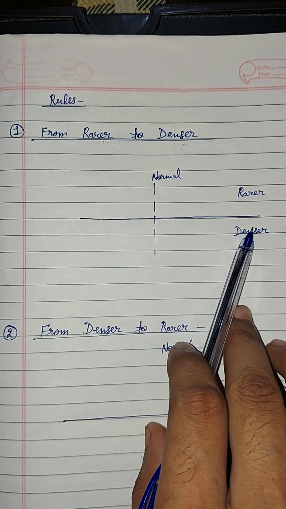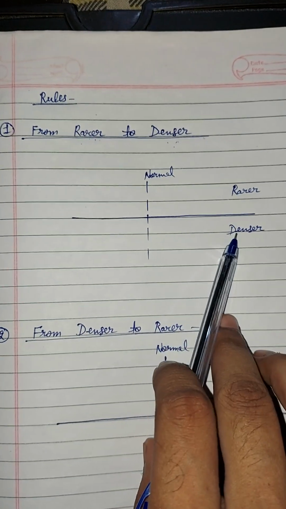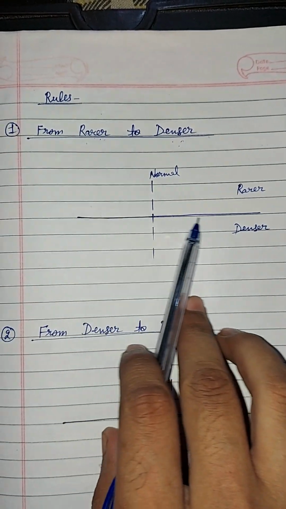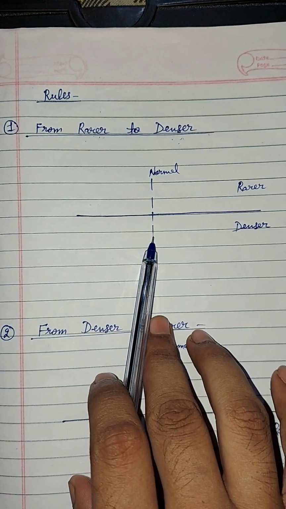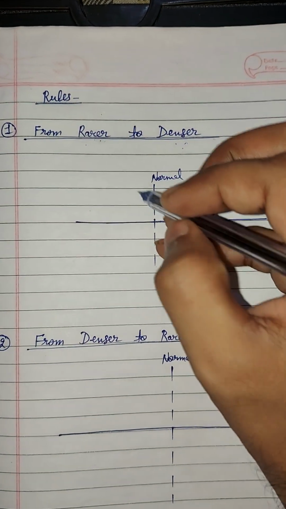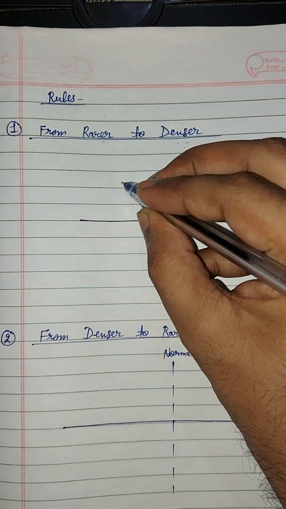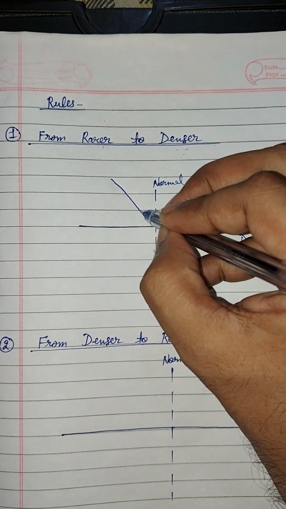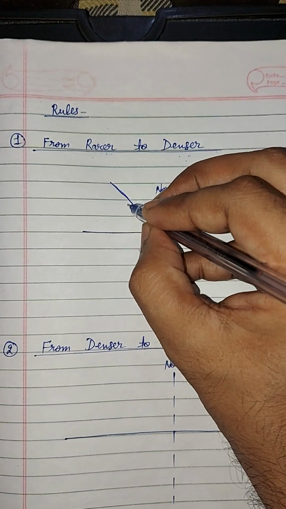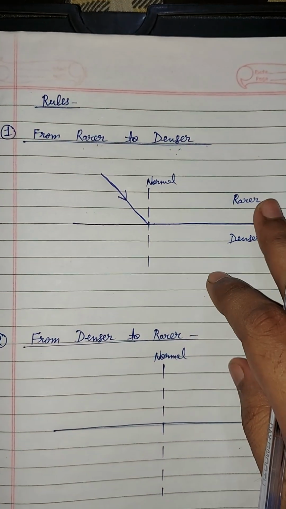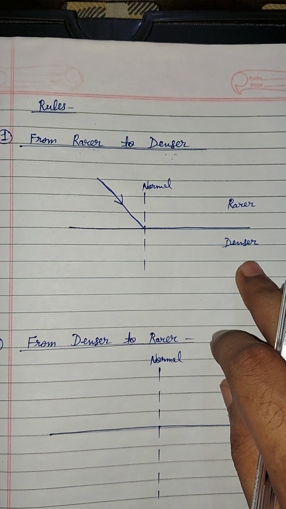So I have drawn the interface of the rarer medium and denser medium, and according to that interface I have drawn a normal. Now suppose we incident a ray of light like this, moving from a rarer medium to a denser medium.